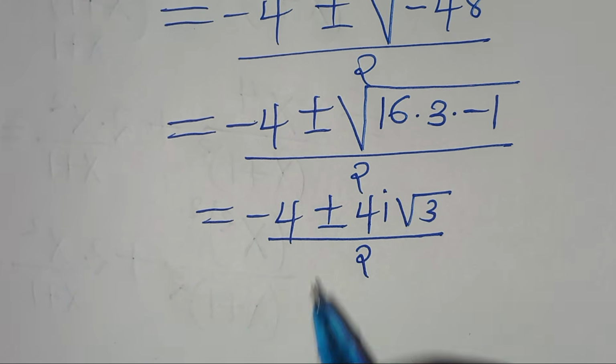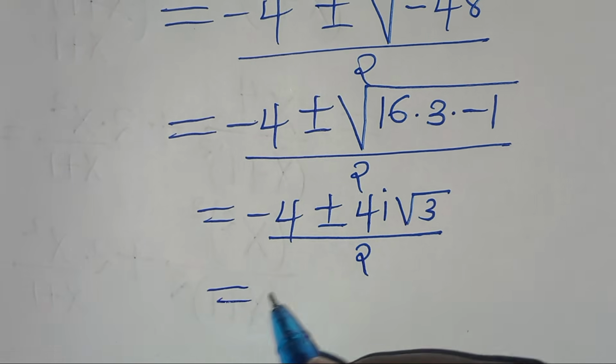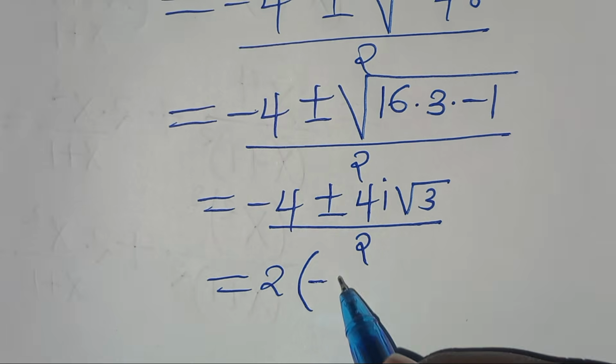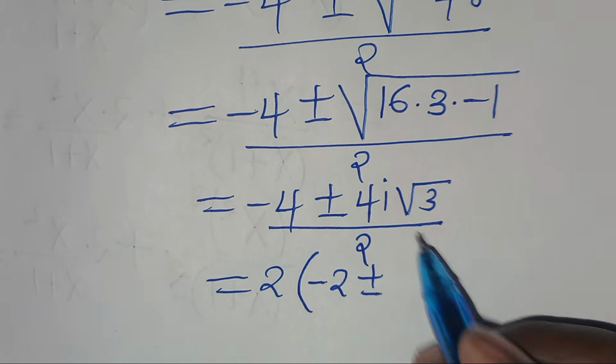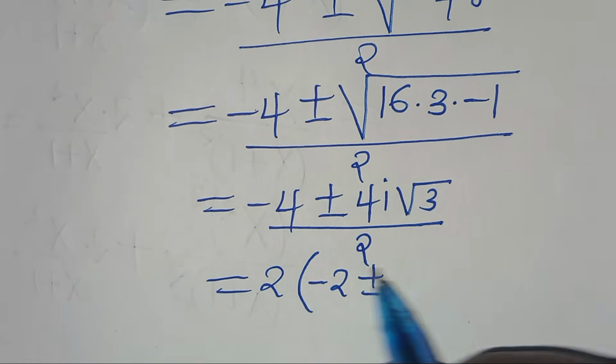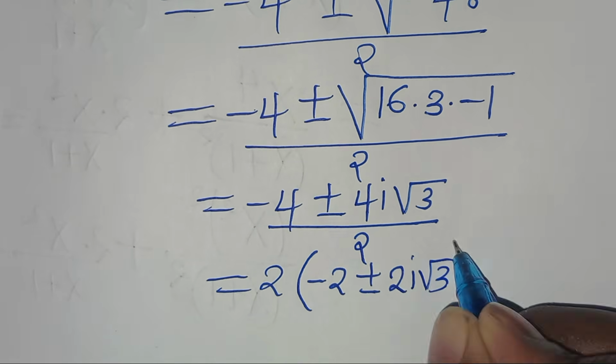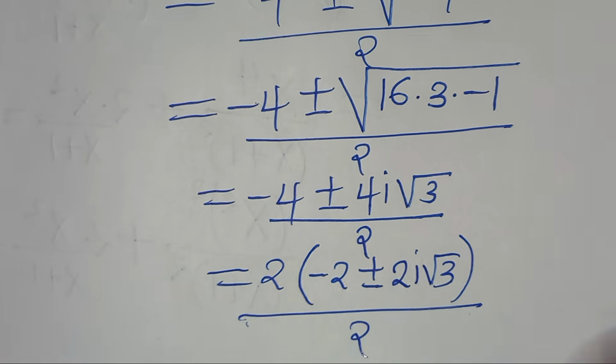So this means that in the numerator here, we can factor out 2, so that we have negative 4 divided by 2, this is negative 2, plus or minus 4i square root of 3 divided by 2. This is 2i square root of 3 divided by 2.